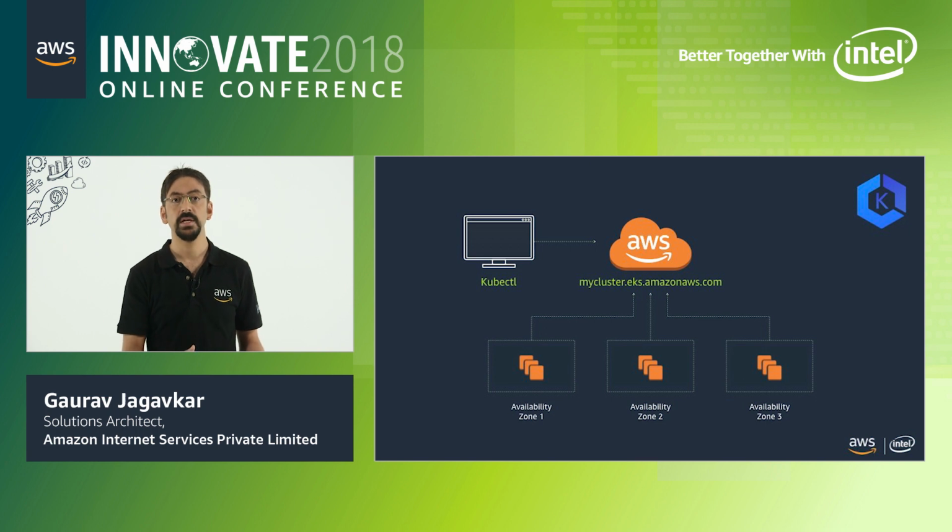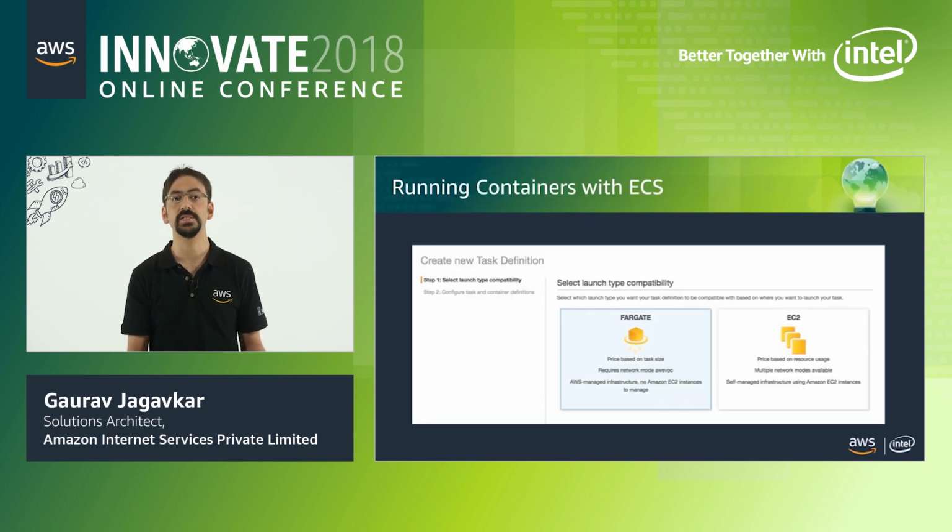Now with EKS, the complexity of standing up your own Kubernetes control plane is simplified. Instead of running the Kubernetes control plane in your account, you connect to a managed Kubernetes endpoint on the cloud. This endpoint abstracts the Kubernetes control plane. Your worker nodes can check into the cluster, and you can interact with the Kubernetes cluster through tooling that you're already comfortable with and already love.